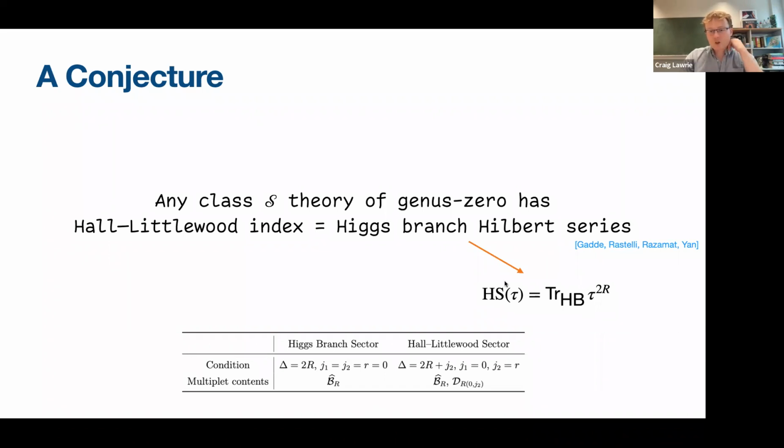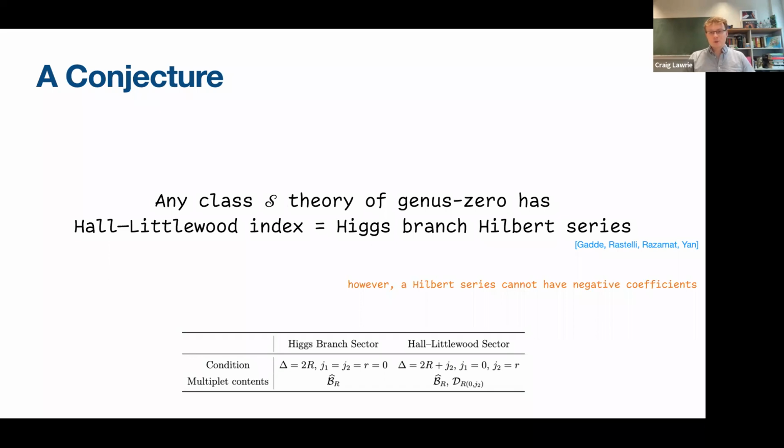The difference between these two things is largely that the Hilbert series only goes over the B-type multiplets, and the Hall Littlewood index goes over both the B-type and the D-type. So of course, these things are going to be the same if there are no D-type multiplets in the theory, which is essentially the content of this conjecture here.